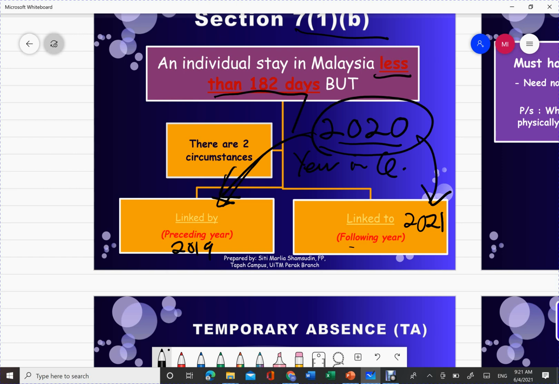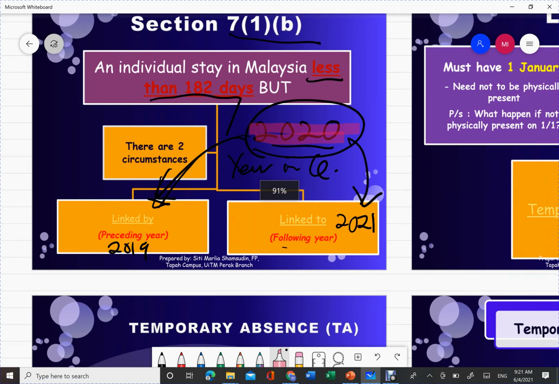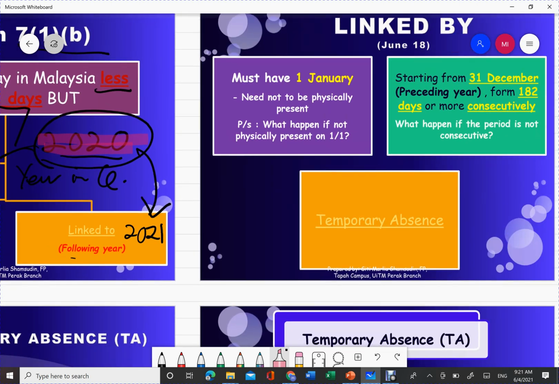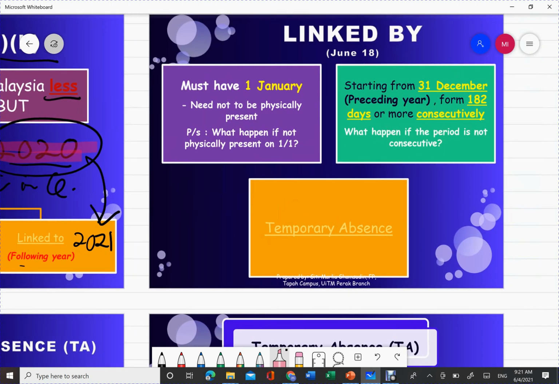But what we want to check is the resident status for year 2020. Because in year 2020 the number of days of stay doesn't meet the minimum, we need this. So there are two circumstances: either you want to link by or link to. We are going to look at link by first.